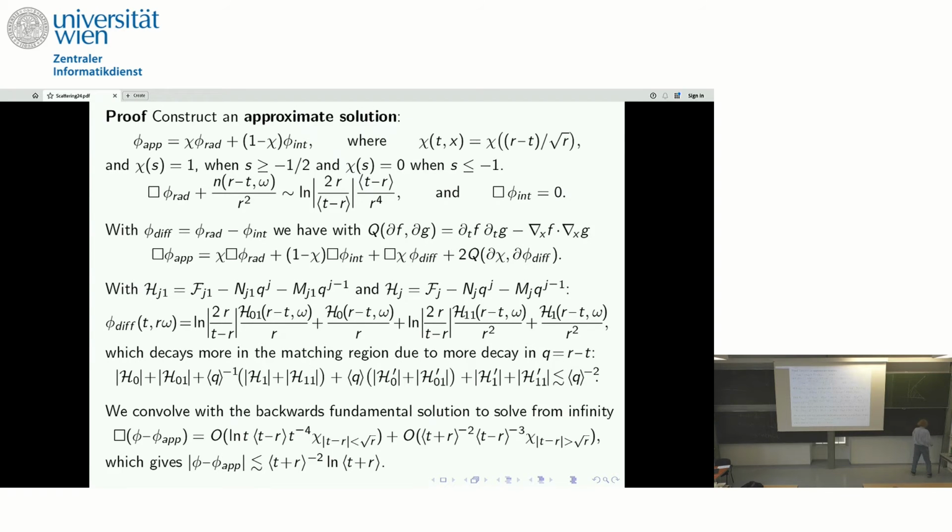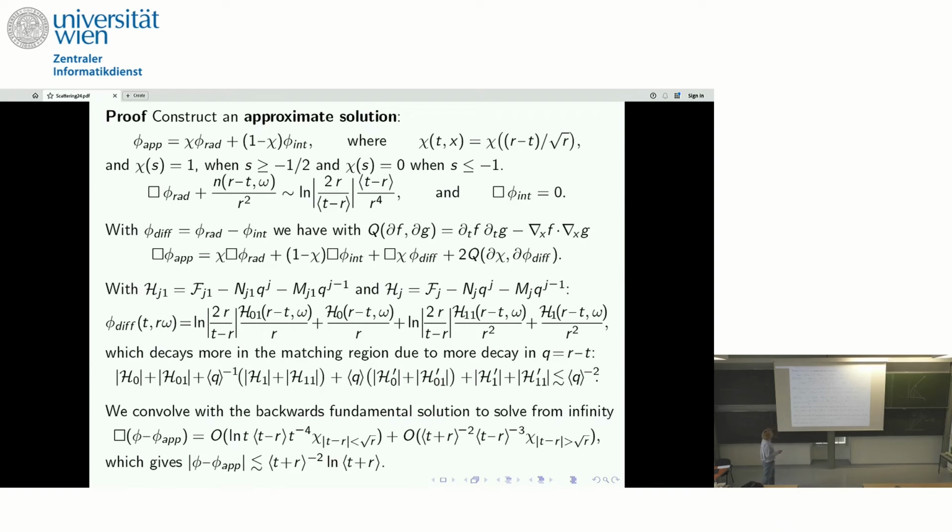So we have one approximate solution, phi rad, in the wave zone, and we have one in the interior. Somehow one could try to transition when t minus r is like a constant, or when r over t is like a constant less than 1. But what actually works best is when this distance, t minus r, is like the square root of r or the square root of t. Something in between.